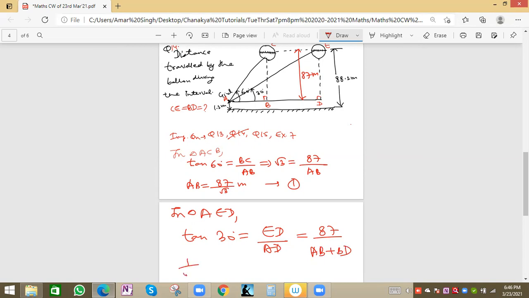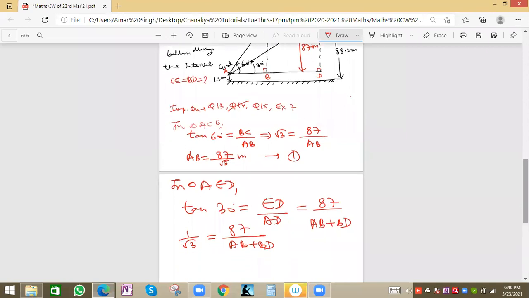So tan 30 is 1 by root 3, equal to 87 by AB plus BD, correct. Now we do cross multiplication, so AB plus BD will be equal to 87 root 3.